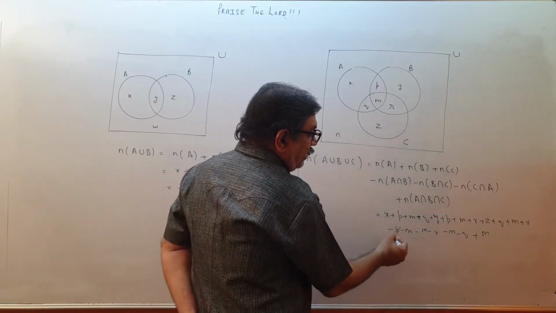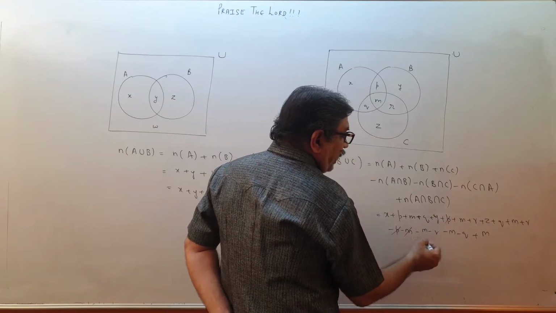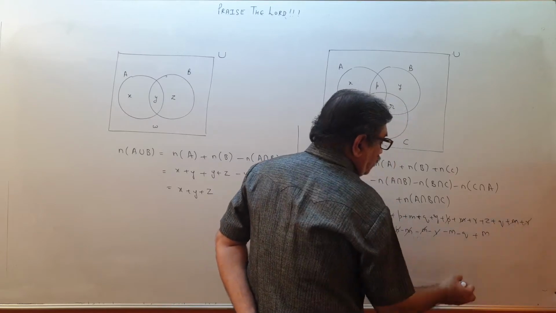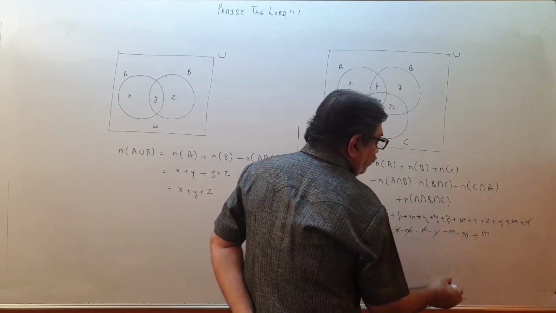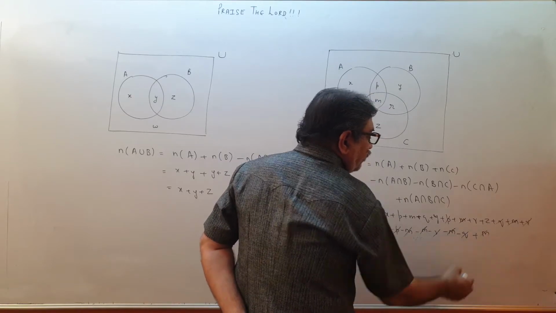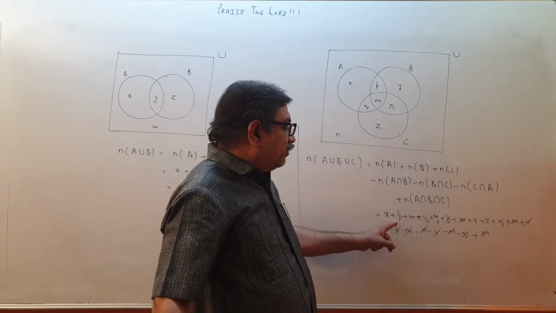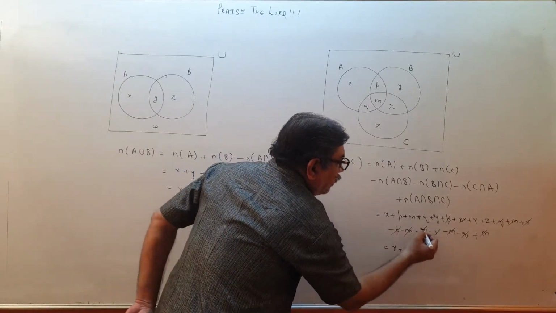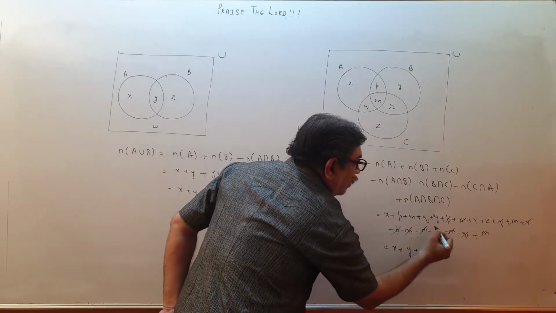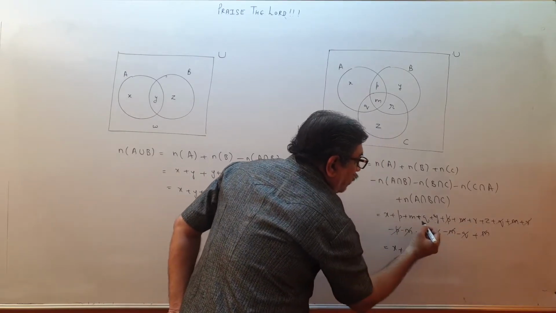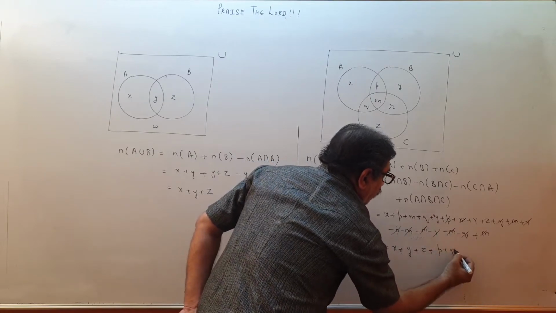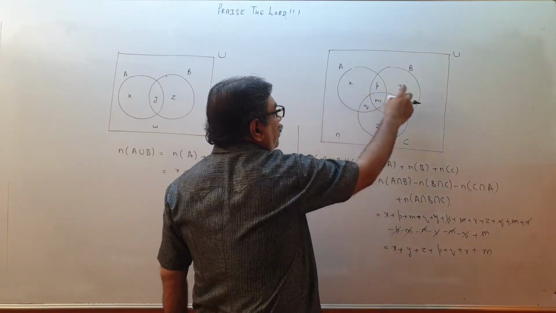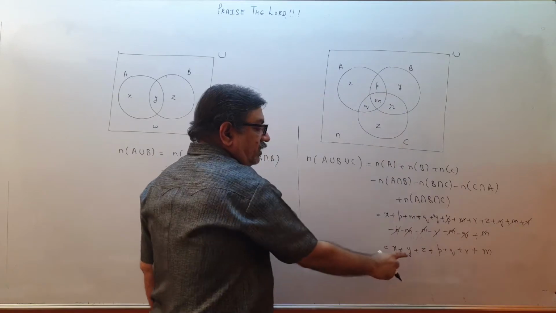Let us check, children. P and P gone. M, M, M, M, R, R. Then Q and Q gone. Then minus M and plus M gone. What remains? X plus Y plus Z, P, Q, R, and then M. So X plus Y plus Z, P plus Q plus R and plus M. We get this.